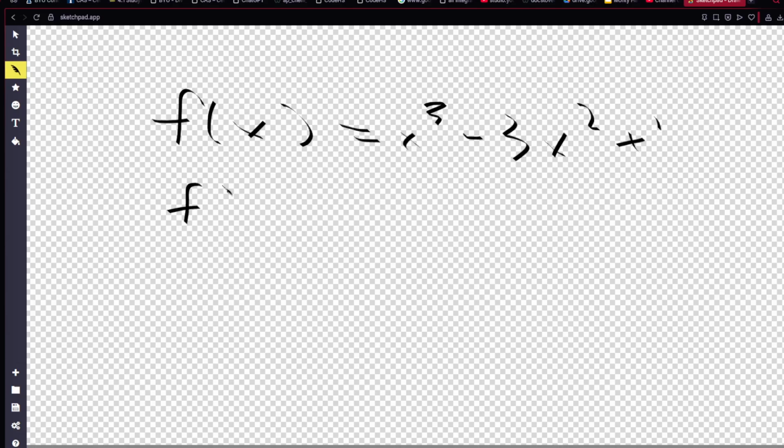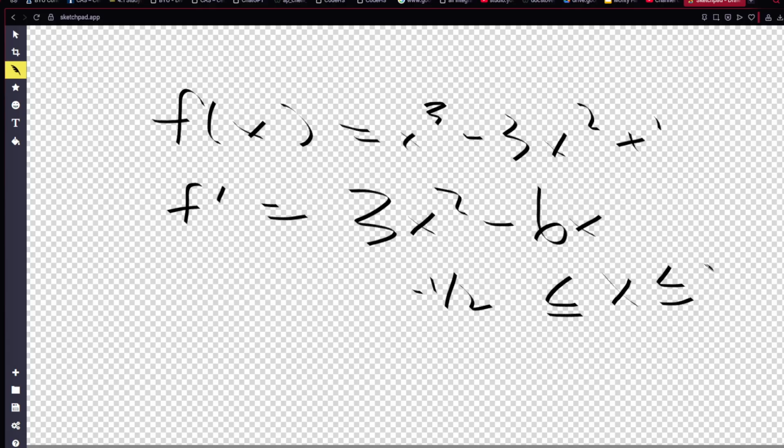F prime is then, by the power rule, 3x squared minus 6x. The plus 1 just falls out. My book also restricts the domain between negative 1/2 and 4, probably because they don't want too many minima or maxima. It asks, find the absolute maximum and minimum values.